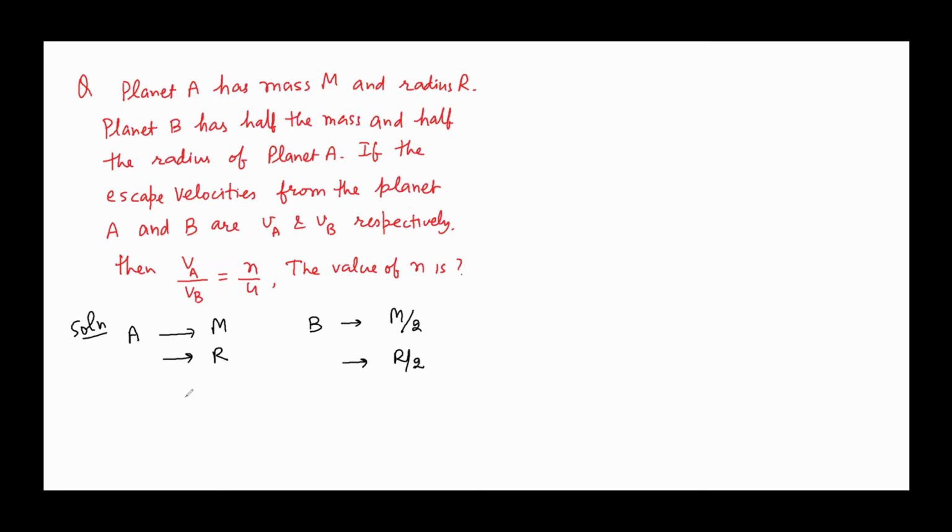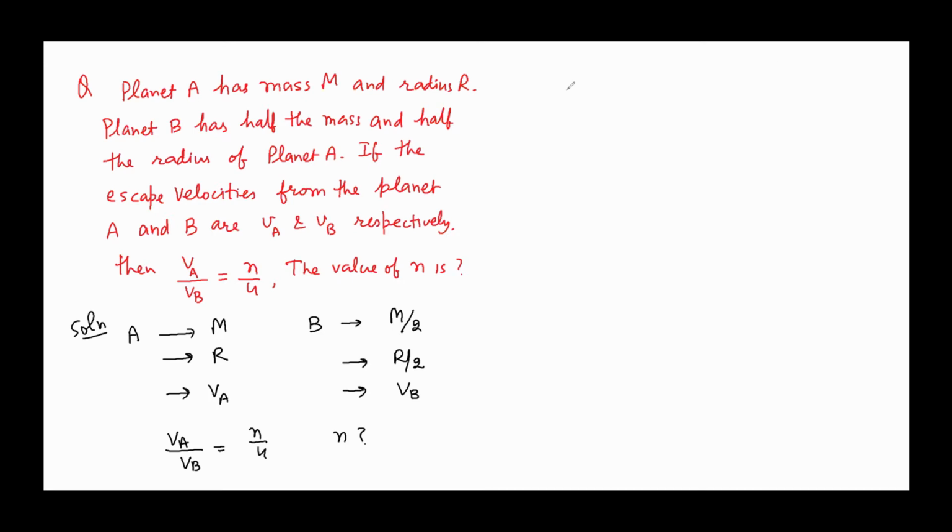It is given that escape velocity from the surface of planet A is VA and from planet B is VB. And in the question it is given that VA by VB is equal to n by 4. You have to find the value of n.